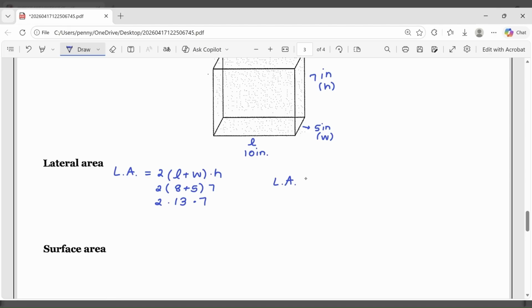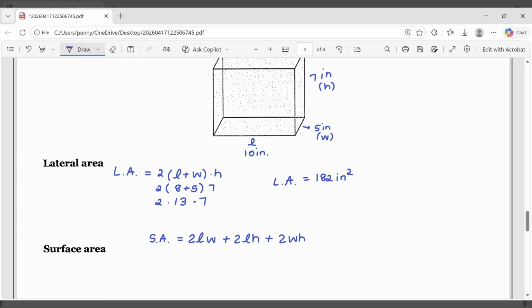And that's going to give us 182. And our units are inches, so that's inches squared. Surface area, 2LW plus 2LH plus 2WH.